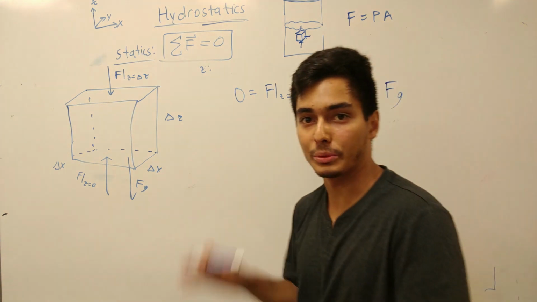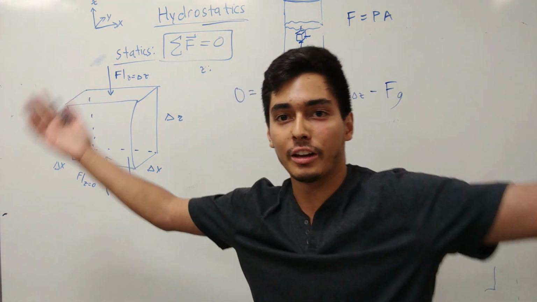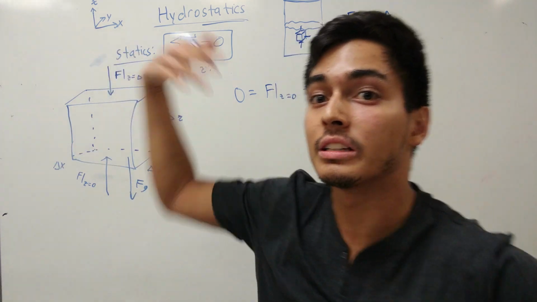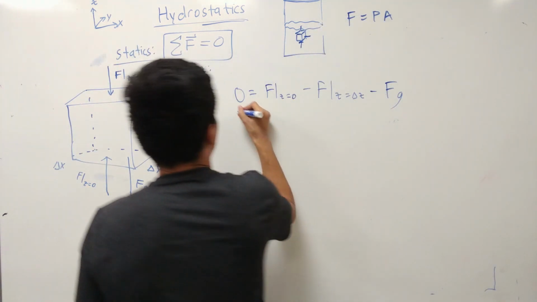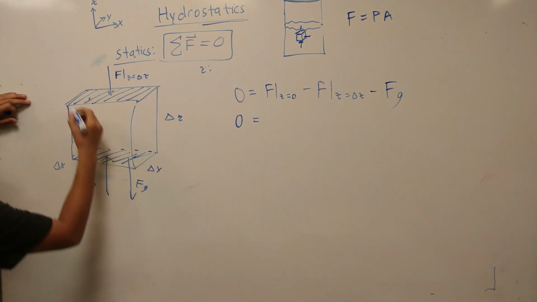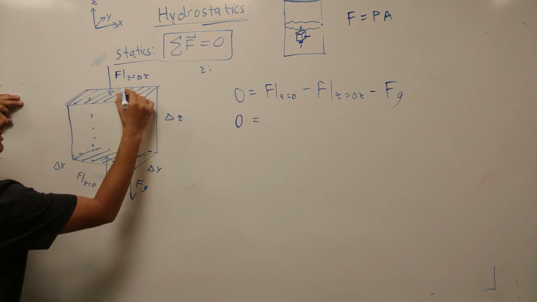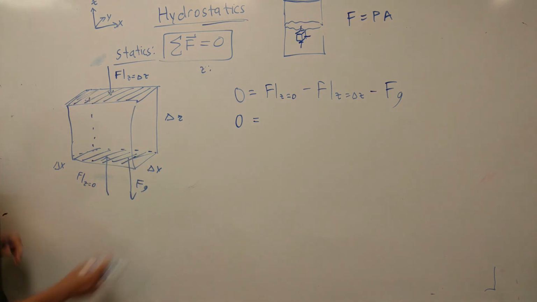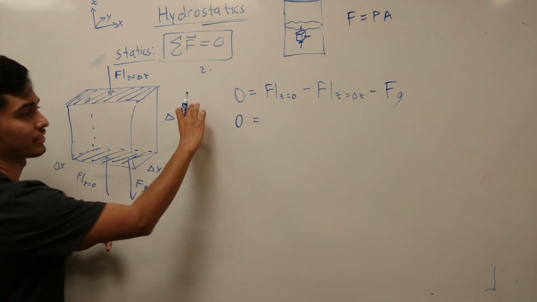Plug everything in. So we know pressure equals force over area, F equals ma or mg because of gravity. So we have 0 equals, so this area we're looking at is going to be the shaded region, delta y, delta z.